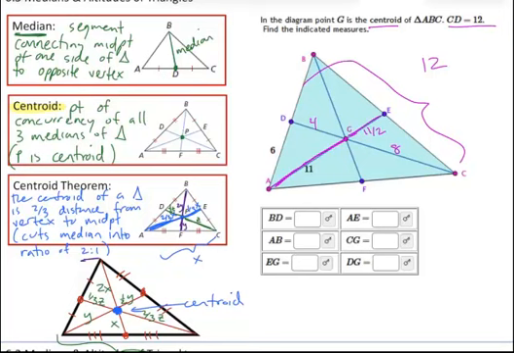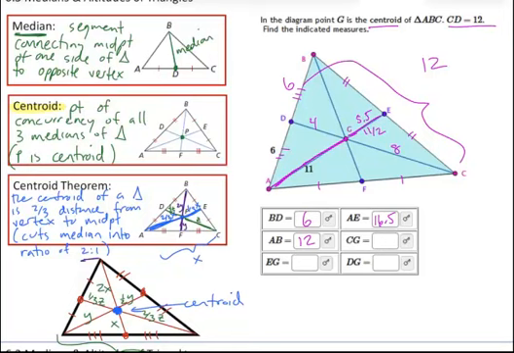Now D, F, and E, these are all midpoints, right? So that means if AD is 6, that means that BD is also 6. AE here is this 11 plus 11 halves. If you think of that, 11 halves is 5.5, so 11 plus 5.5 is 16.5. AB, this length here, is the whole length, 6 and 6 added together, so 12.